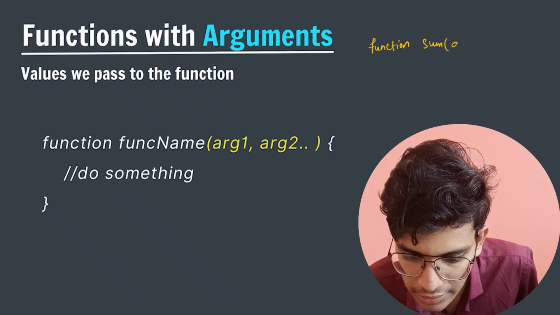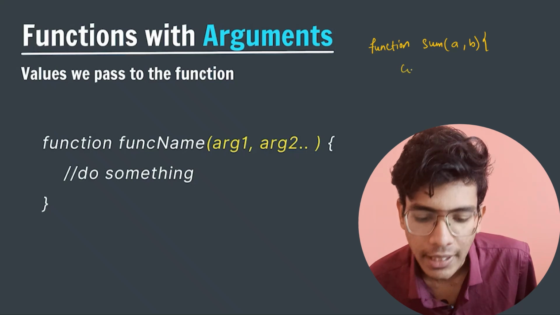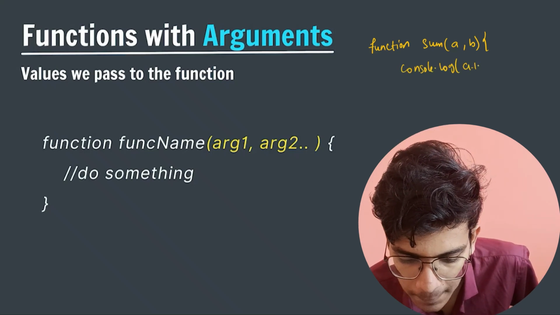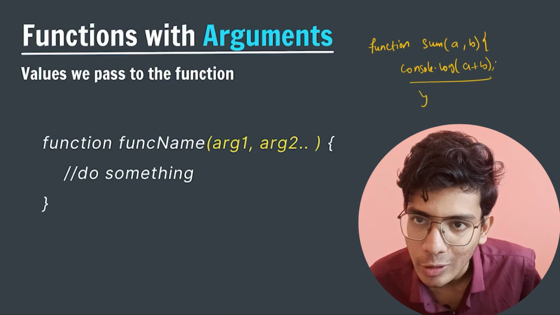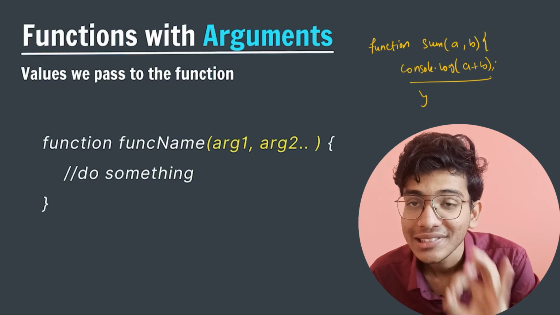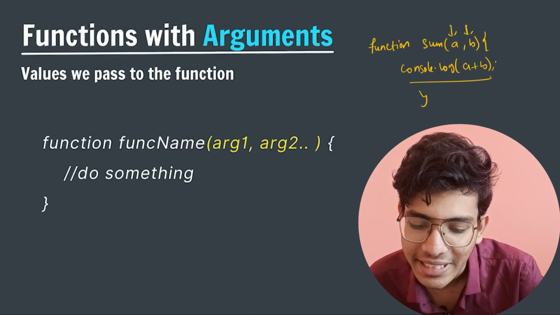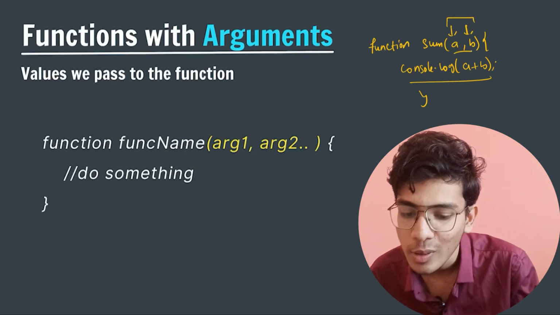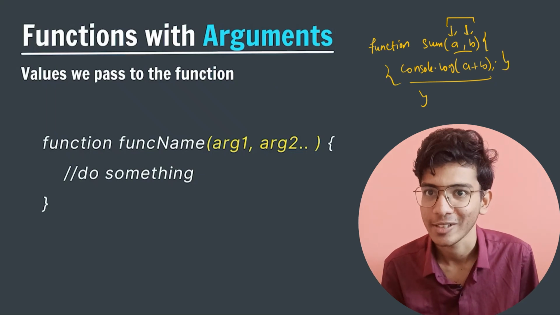Here I will pass my a and b, and inside that I will print console.log a plus b, and this will print the sum of two values. This argument is basically known as the input of my function, and without this I cannot calculate the sum. I hope you have understood.